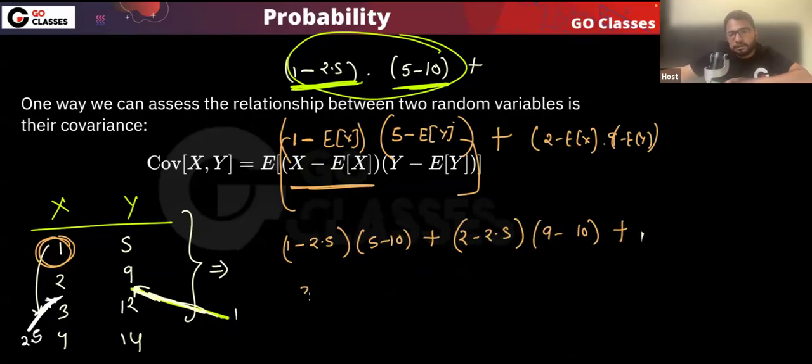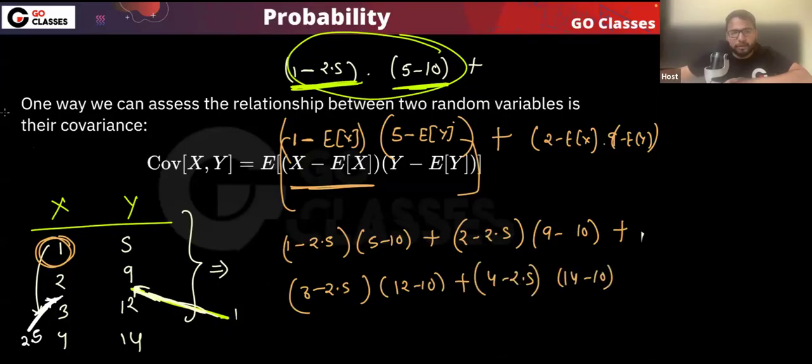Plus 3 minus 2.5 into 12 minus 10, plus 4 minus 2.5 into 14 minus 10. Let me know if these terms are fine. Divided by how much? Divided by 4, because we need to find the average.